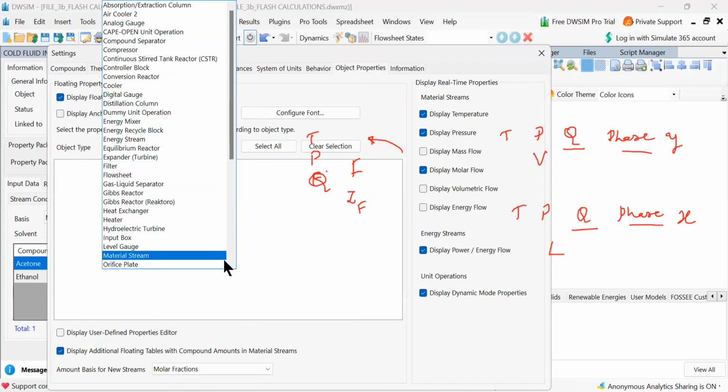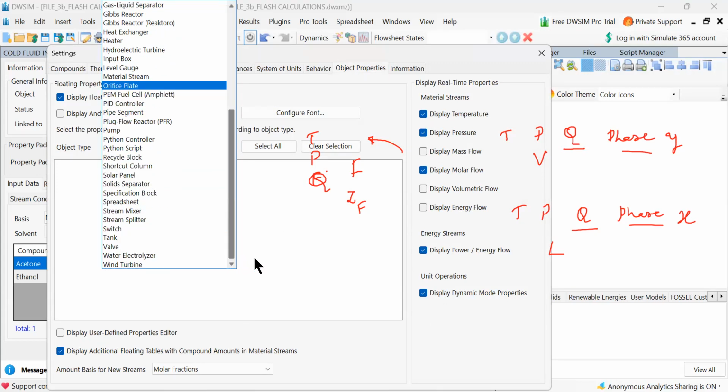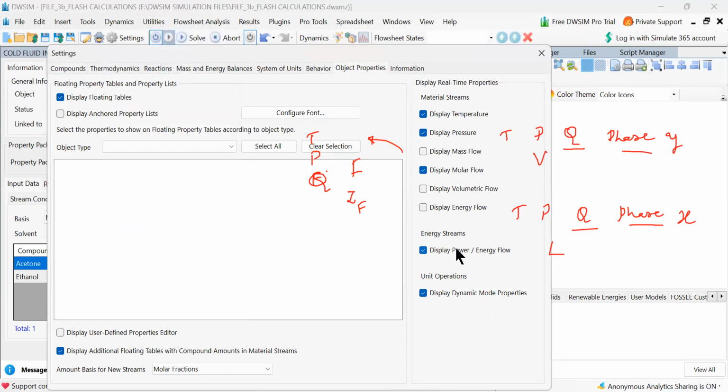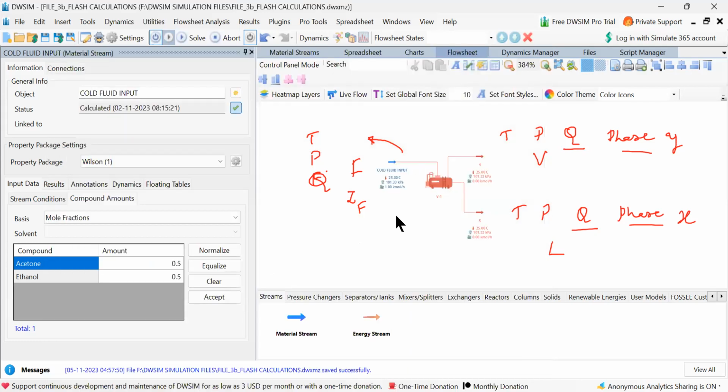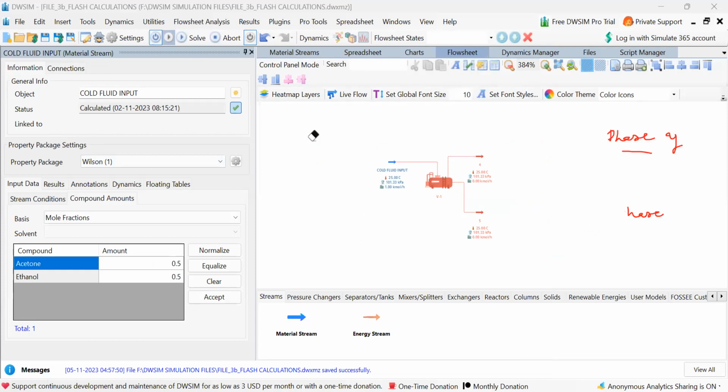We can come to that particular thing later. Compound separator, and then we have many things here. Okay, now let me say fine, and now you see, this is all coming here straight away. So let me rub off all these things which I have written in the palette, or this flow sheet window.